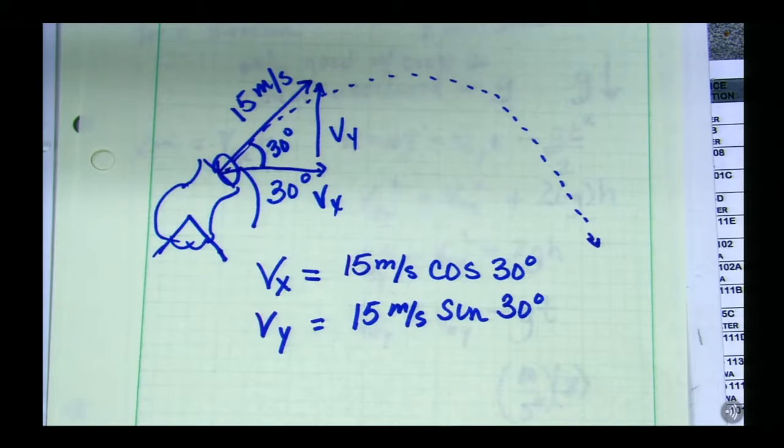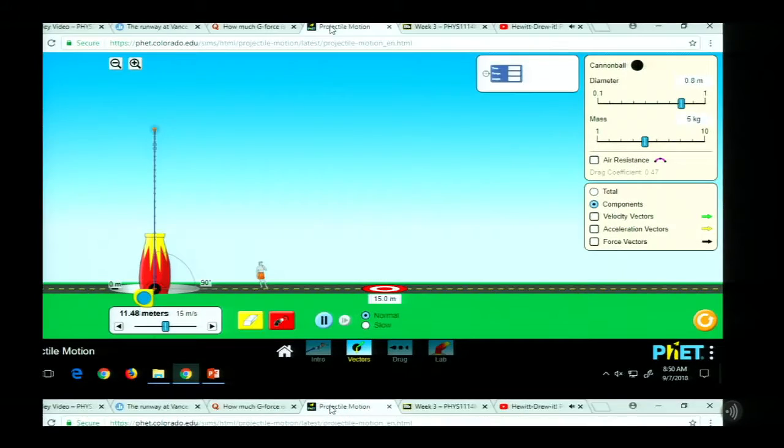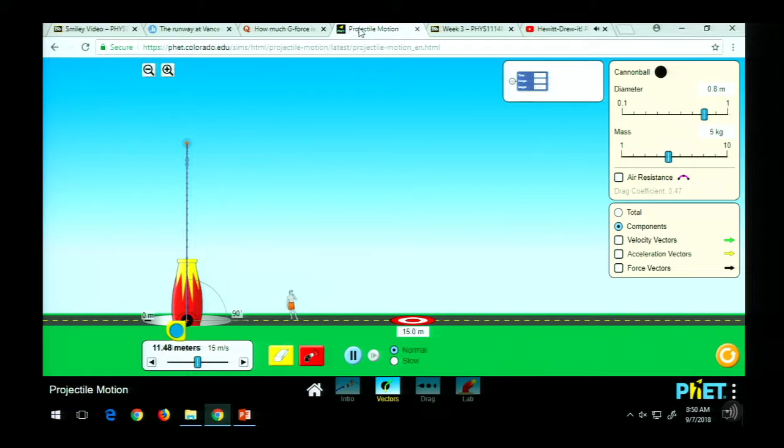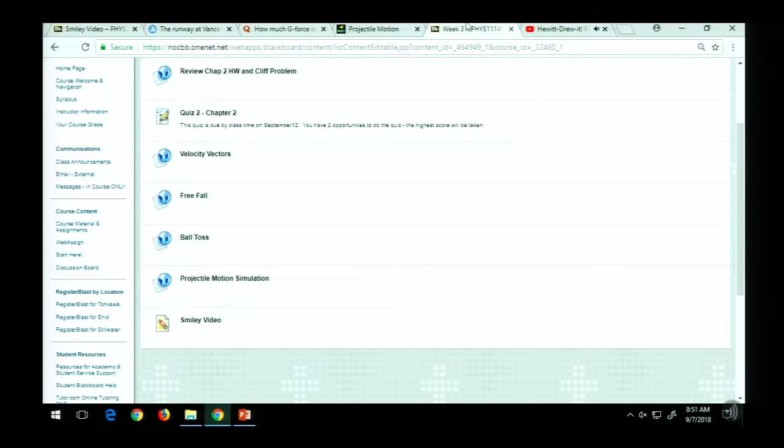So I'm going to switch. I'm going to clear it, erase everything, and move this over. We've got a cannon. I have provided for you guys, if you go over here, the projectile motion simulation.